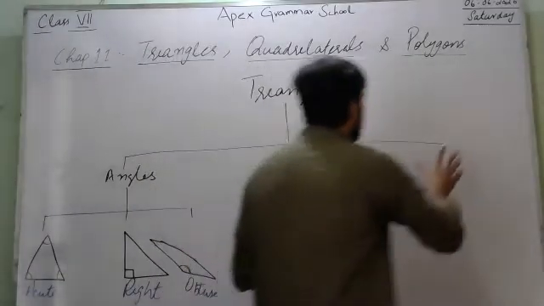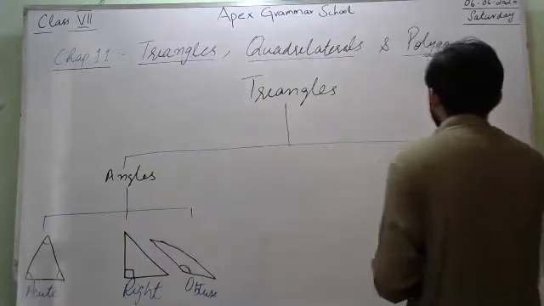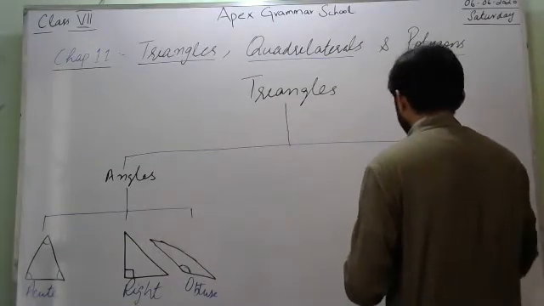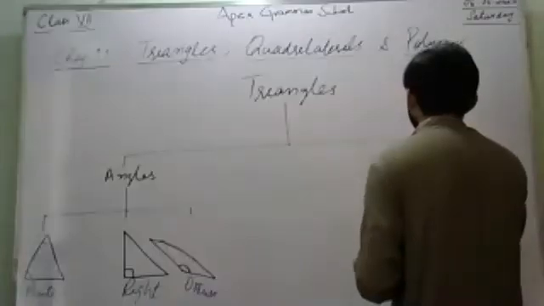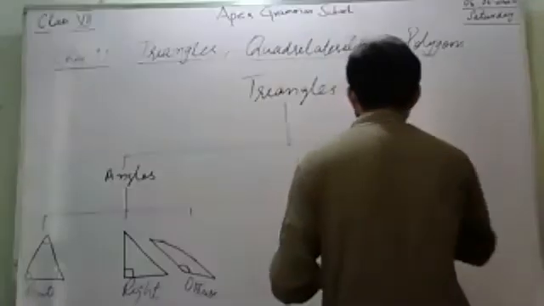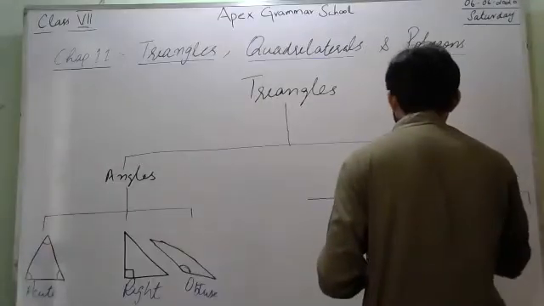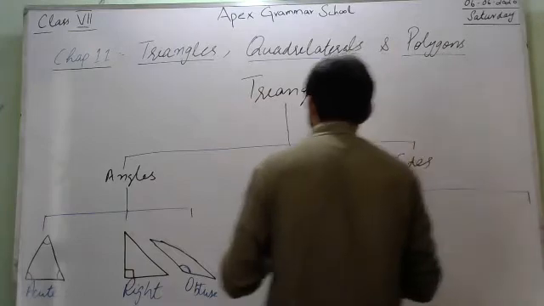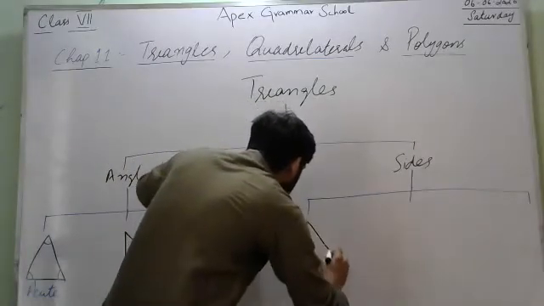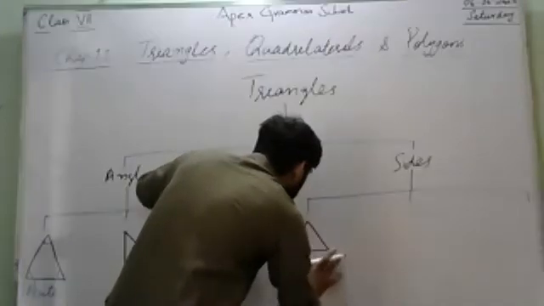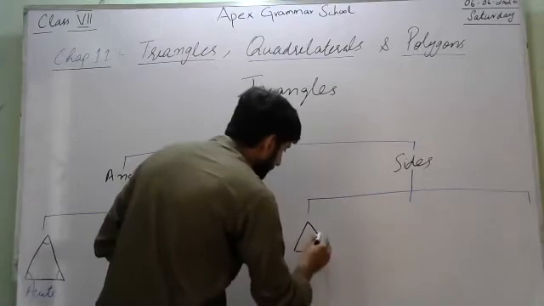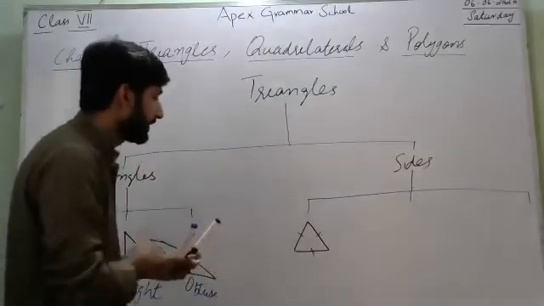Now on the basis of sides, the first one was equilateral, in which all sides are equal. These blue lines are sides.